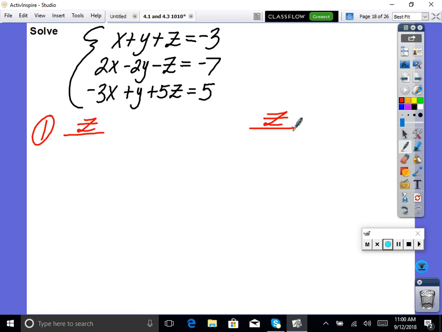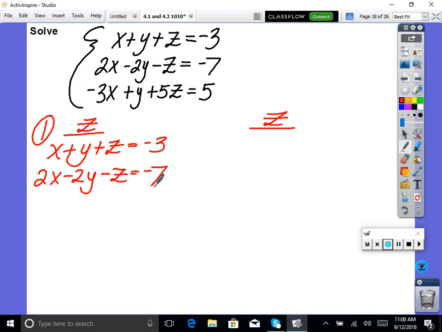So now you're going to pick a combination of two equations, any combination of any two. So obviously if I want my z's to cancel out, I'm going to put this top one with this middle one first. It doesn't matter though, honestly. x plus y plus z equals negative 3, the top with the middle. 2x minus 2y minus z equals negative 7.